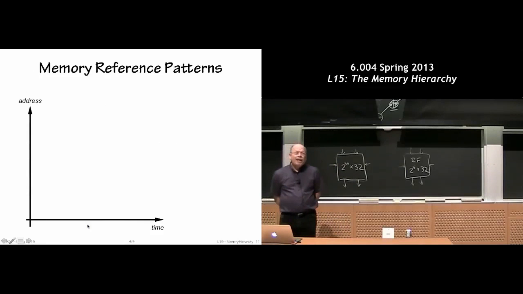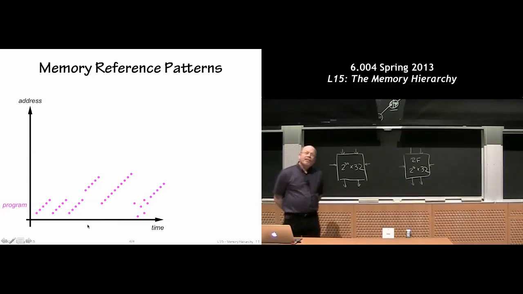So let's look at some possible memory reference patterns, and this is a very schematic diagram trying to plot memory references versus time. If I think about a program that has loops and subroutine calls and things like that, I might expect to see a reference pattern that looks like this, where the addresses increase as I execute instructions sequentially. I might jump back to the beginning of the loop and execute that loop several times.